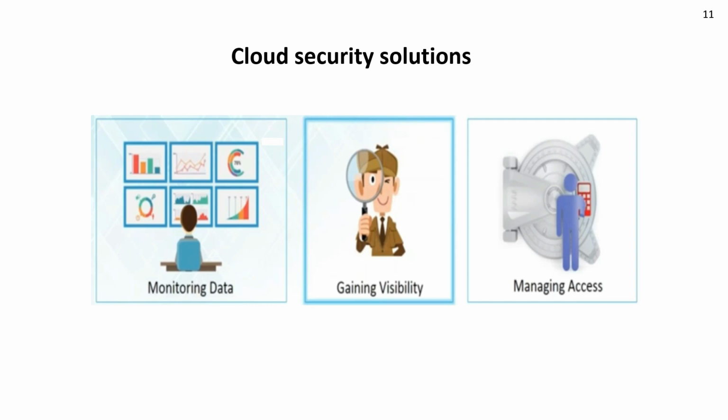Managing access defines controlling who can access what and when. It involves controlling who can access cloud resources and what they can do with them. These things have to be taken care of very carefully, and this can secure your cloud workload.